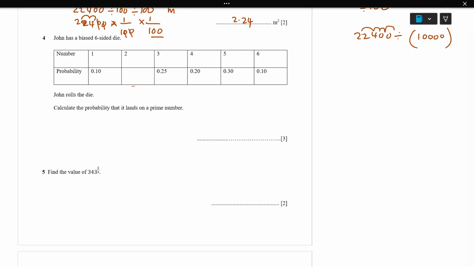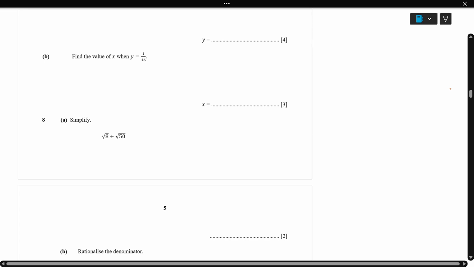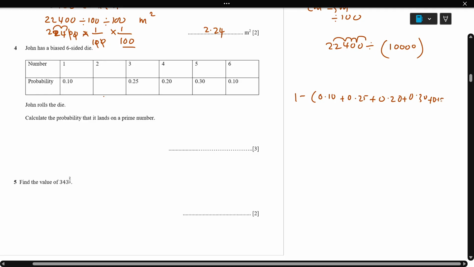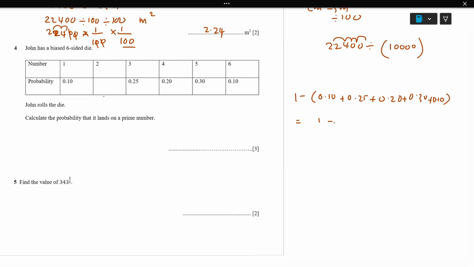So 1 minus 0.10 plus 0.25 plus 0.20 plus 0.30 plus 0.10, which is equal to 1 minus 0.95. So the answer is 0.05, which goes in here.